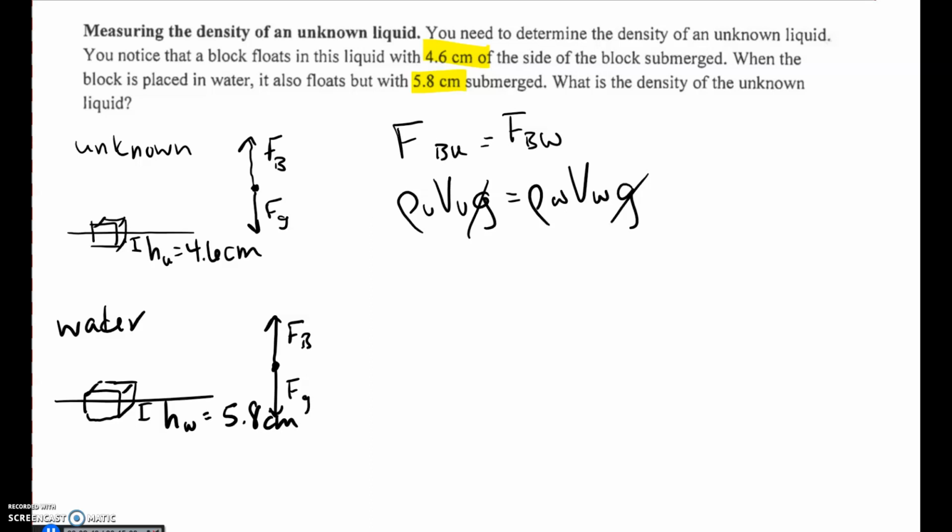Now, looking at what we know, or what we're trying to figure out, right? Well, density of water is a known quantity. Density of water is 10 cubed kilograms per meter cubed.